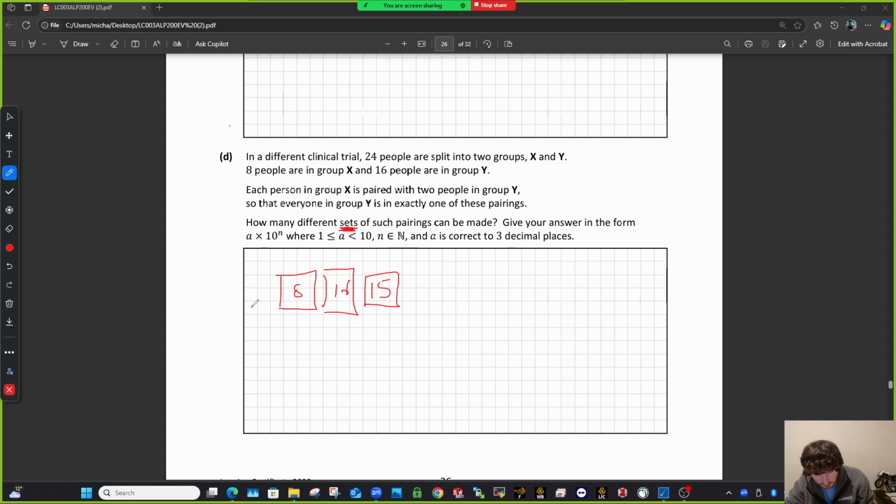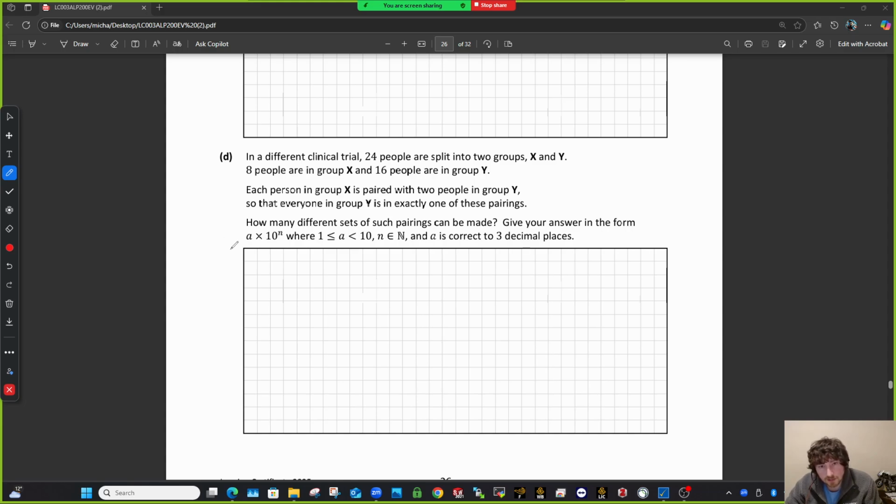So that would be the number of unique pairs. But again, we're not looking for pairs. We're looking that the pairs then have to go and get put into a set. And there's going to be 8 sets because a set is made up of 1 person from group X and 2 people from group Y. So it's a bit of a sickener.